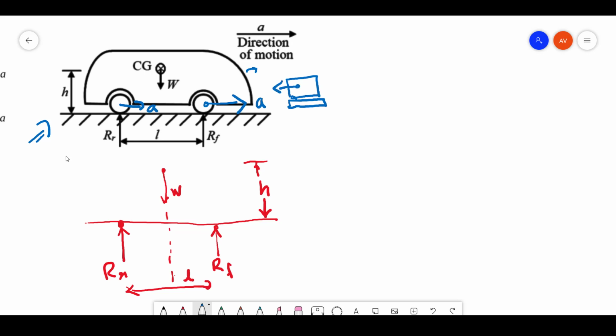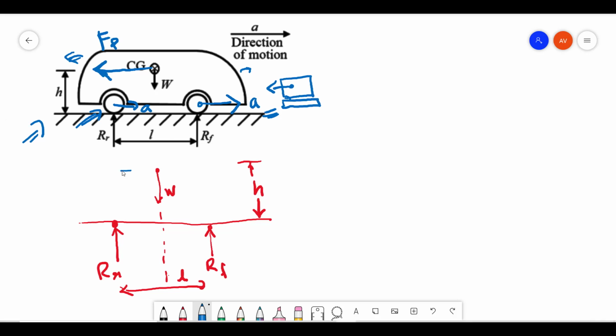So its pseudo force will be acting along this direction finally. Your pseudo force, let's say Fp, acts opposite to the acceleration of the actual frame that you are looking at. So this is a non-inertial frame of reference. So now your pseudo force is going to be in this particular direction, which is Fp.